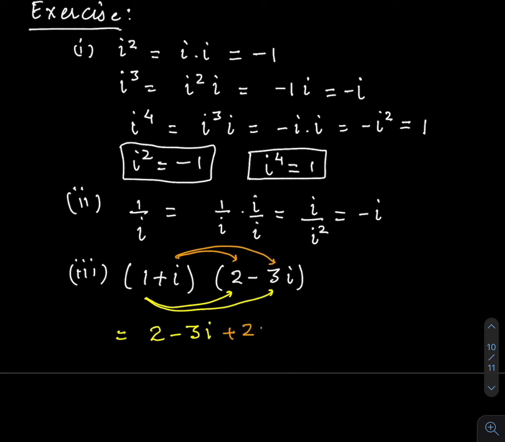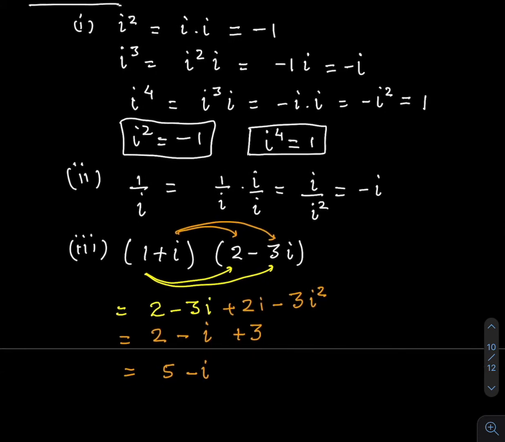So i times 2 is 2i. i times negative 3i is negative 3i squared. Now we combine the like terms: negative 3i plus 2i is negative i. And i squared is negative 1, so negative 3 times negative 1 is 3. So we get 5 minus i. It's really simple, right?